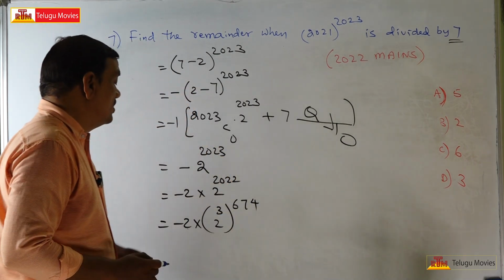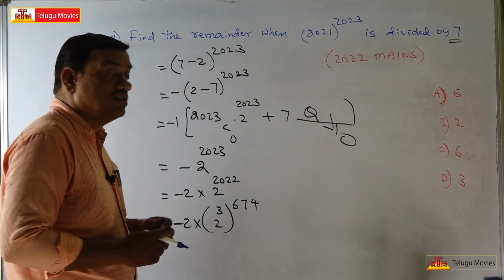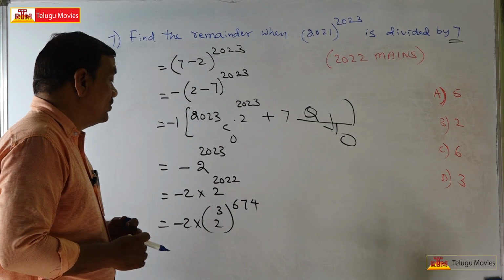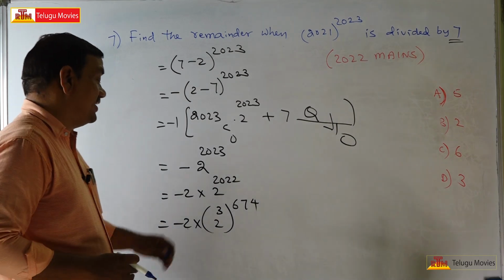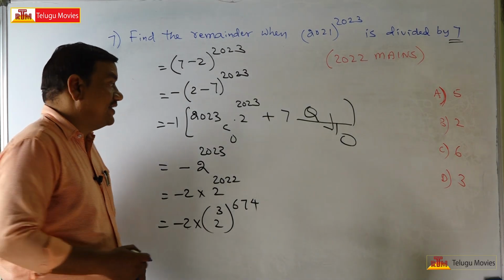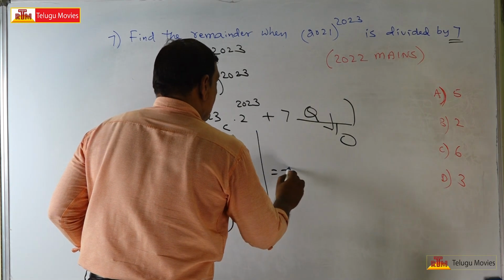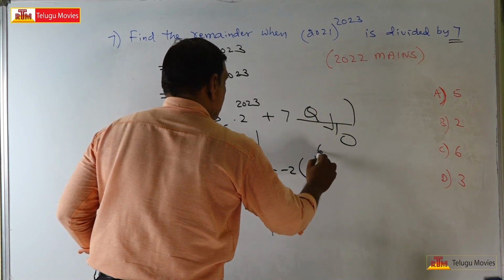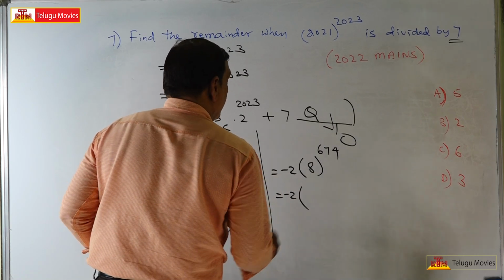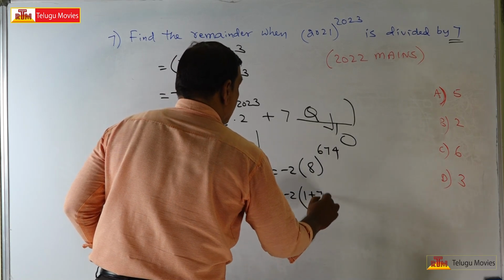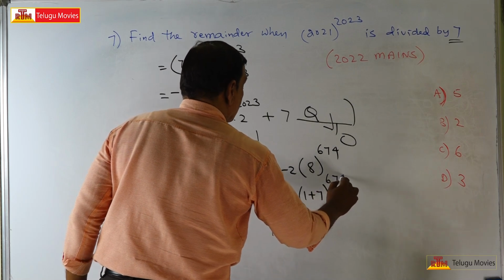See here, 3 4s are 12, 3 7s are 21, plus 1, 22; 3 6s are 18, plus 2, 20. So 2 cube means 8, that is minus 2 into 8 power 674. Minus 2 into 8 can be written as 1 plus 7 whole to the power of 674.